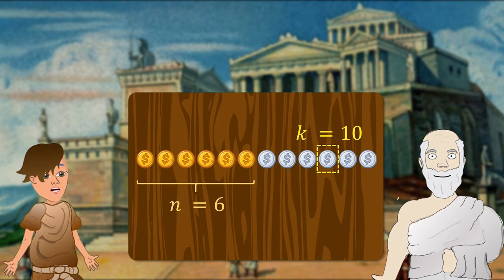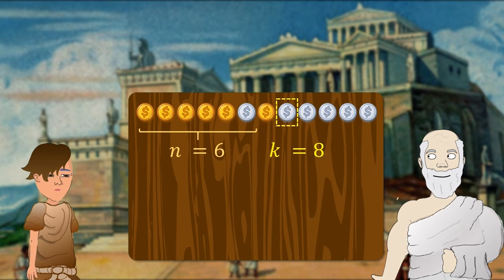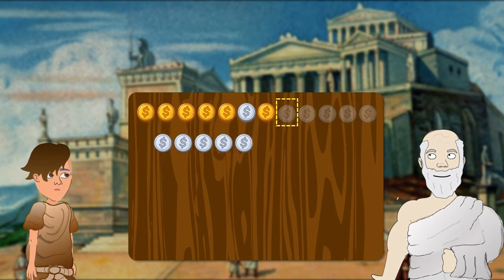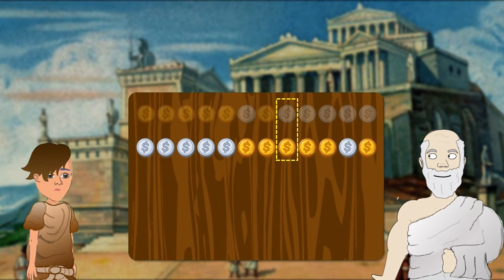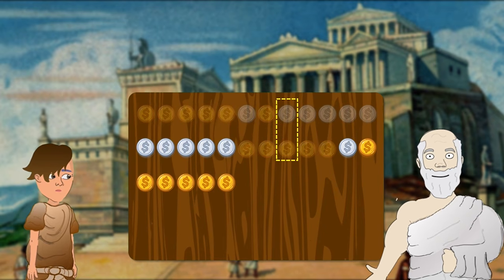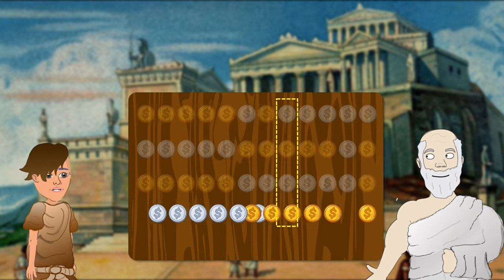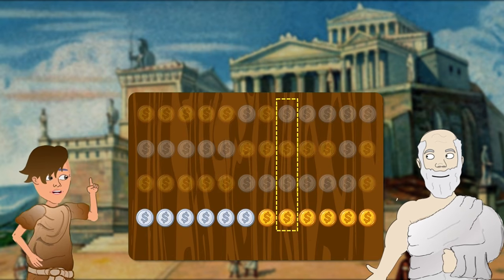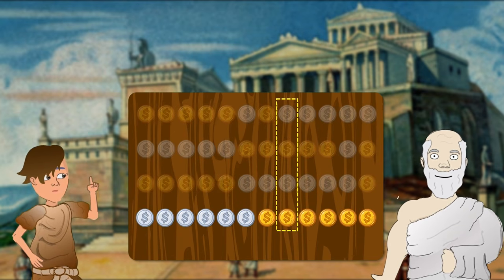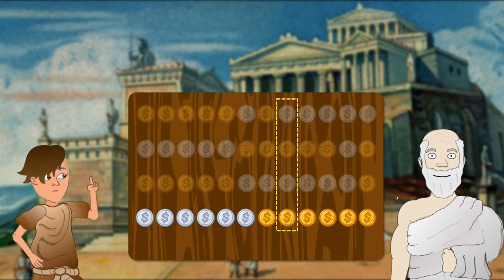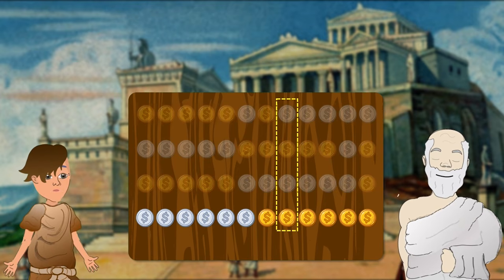Let me try another example. Okay, n equals 6, k equals 8 works because although there could be a chain extending to the right end, not all chains can.